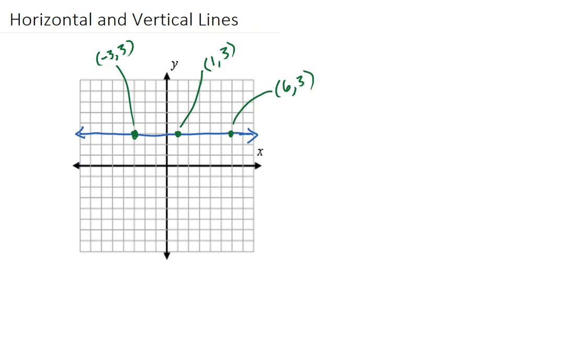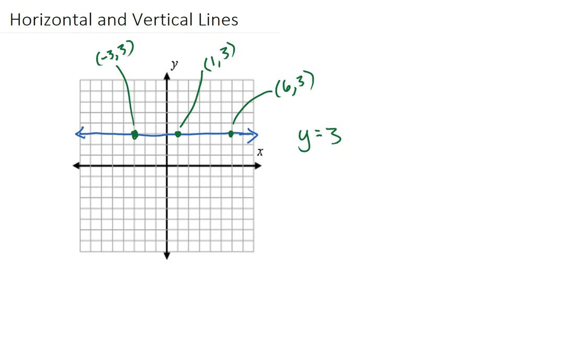The equation of this line: when we're working with lines on these two-dimensional graphs, usually they have two variables, both an x and a y. But with a horizontal line, the equation actually ends up only having one variable, and it's y equal to 3. Basically, the equation sets the y value, and the x value is independent and can just go over all the real numbers.